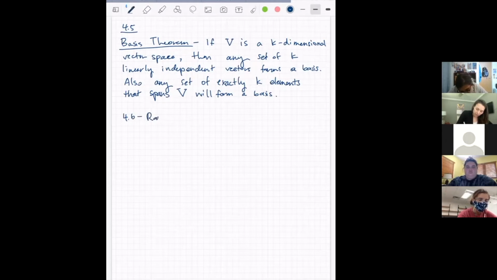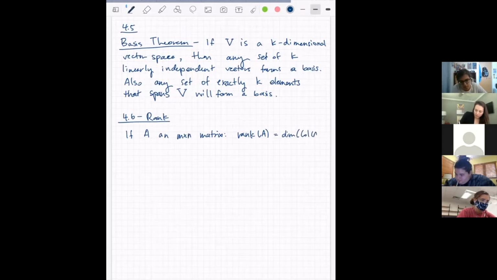Now we're going to move on to 4.6, and we're going to be talking about rank. Remember, the rank of a matrix is the dimension of the column space. So if A is an m by n matrix, the rank of A is the dimension of the column space. We also talked about the nullity of A, which is the dimension of the null space.